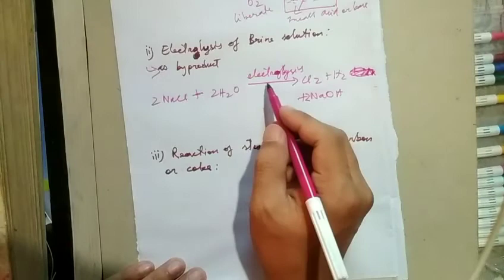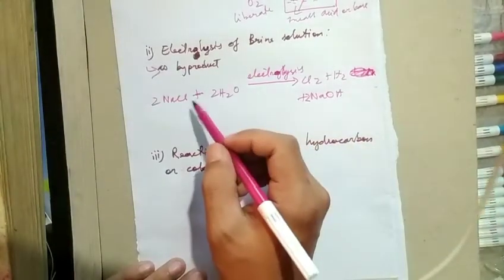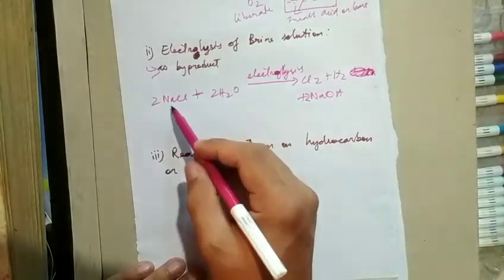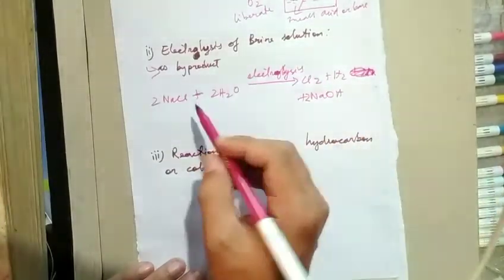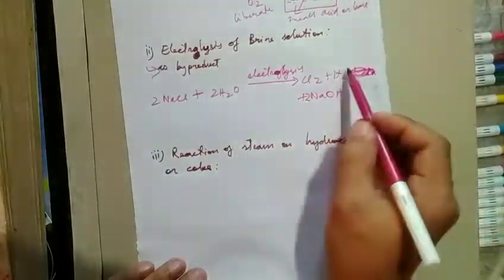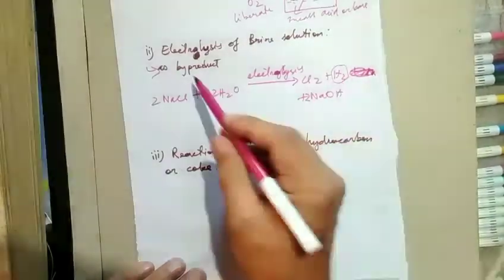So in this case, the electrolysis of sodium chloride solution will give hydrogen as a byproduct.